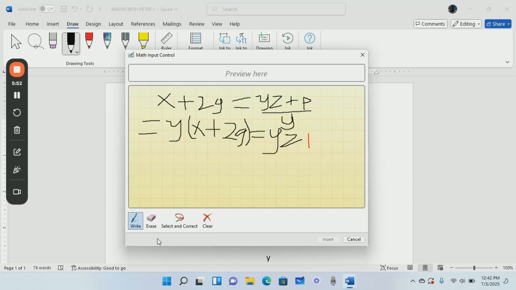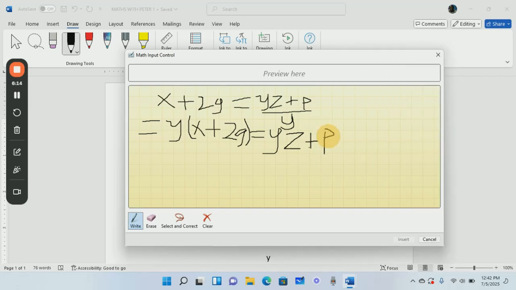Let me clean up an error here. This z is not nice, let me rewrite it. So z plus p.